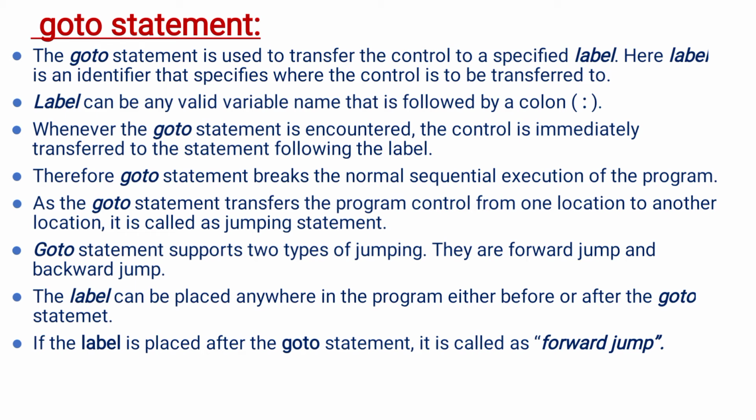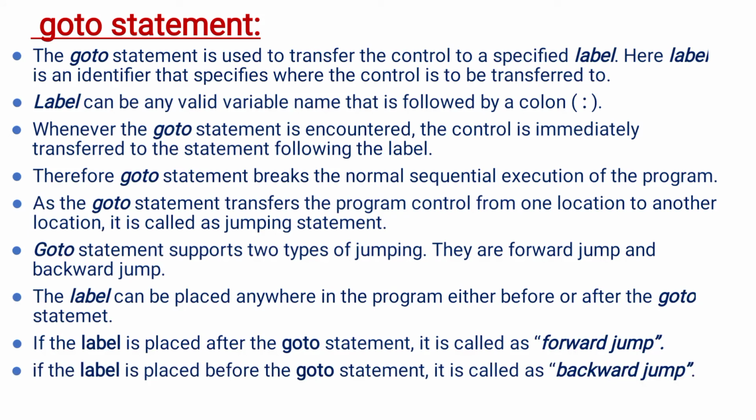If the label is placed before the goto statement, then it is called a backward jump. Next we will see the syntaxes for forward jump and backward jump. Let's see these two syntaxes.